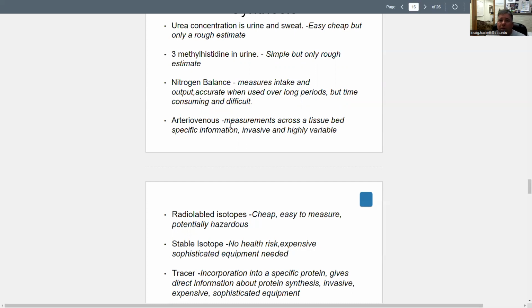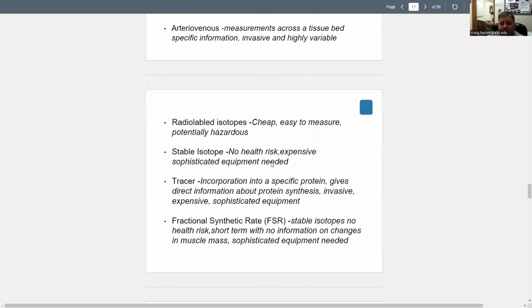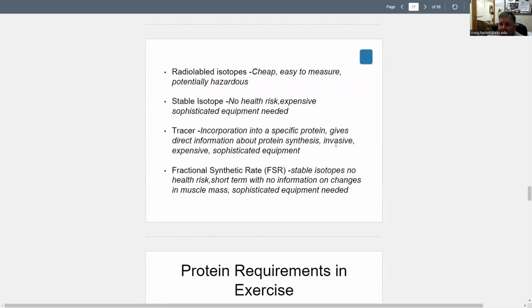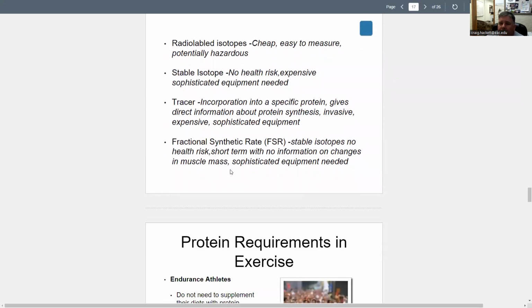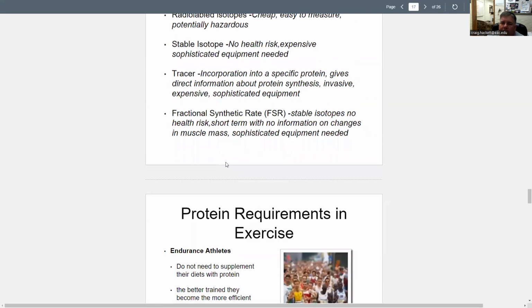Very invasive. We don't tend to do that. We can use radioisotopes. We can use tracers, which is another form of isotope we can inject into people. We can use this thing called fractional synthesis rate, which is another isotope. So there's lots of ways to do it.